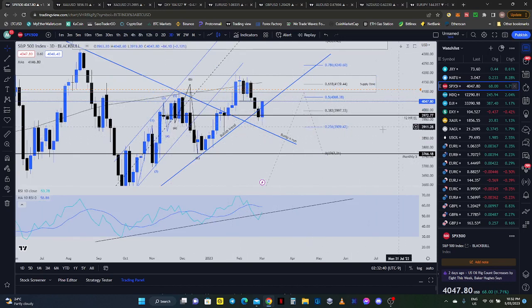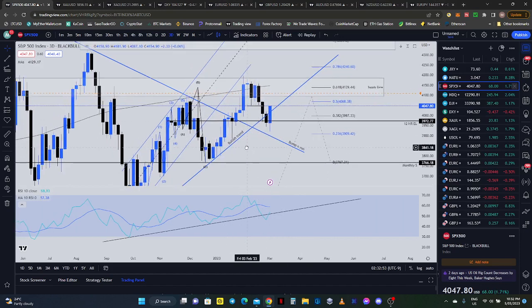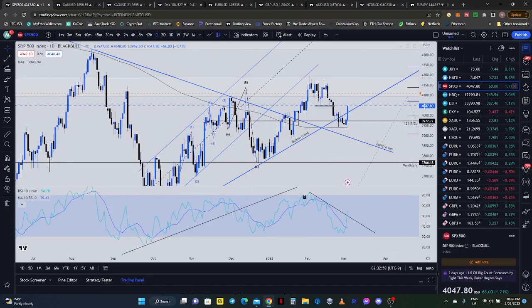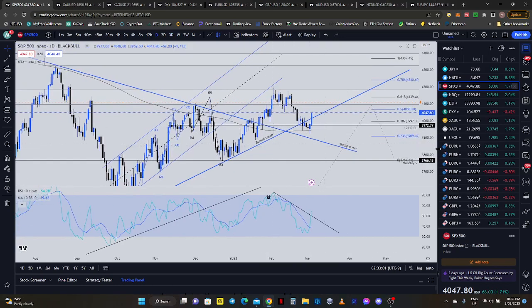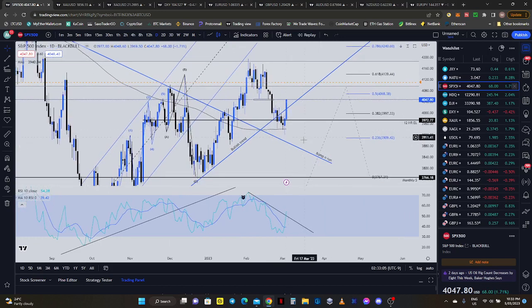All right, that 12-hour EL expansion line, looking at to come down and retest that, confluent with the bump and run here, and confluent with this bullish trend line. And if we go down to the daily, confluent with or very close to that 200 moving average on the daily.